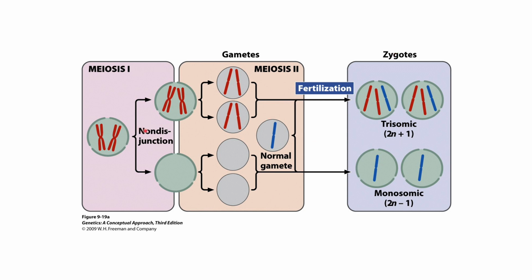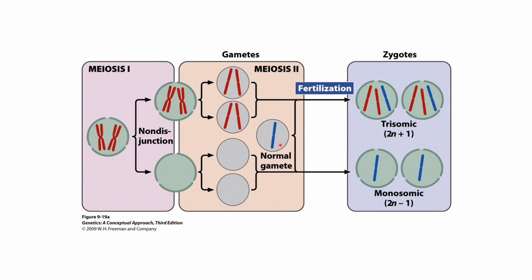For example, non-disjunction happens and we have 2 products of meiosis 1 that segregate like this. One has 2 copies of the red chromosome instead of just one, and the other cell has no copies. When the first fertilizes with a normal gamete, the zygote would be trisomic, that is 2n plus 1, with 2 copies from the red parent and one copy from the blue parent.